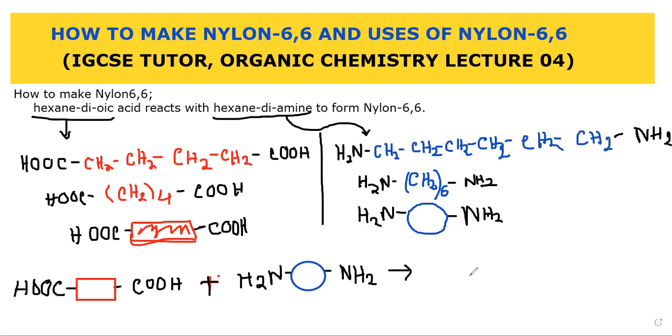Okay, before making them react together, it would be easier if we put them into their displayed formula. So let me put them into their displayed formula. Okay, so the COOH displayed formula is C double bond O, and we have OH here.